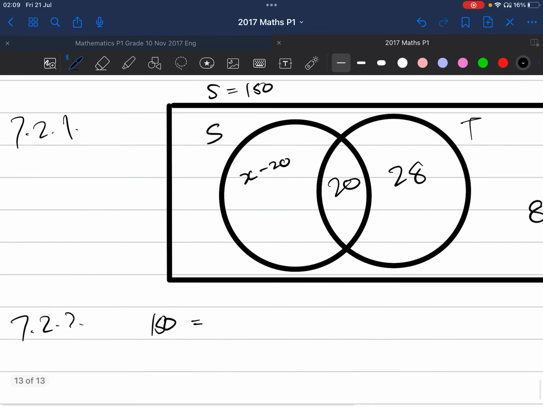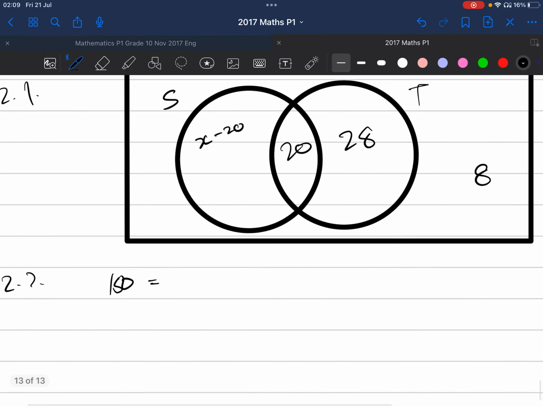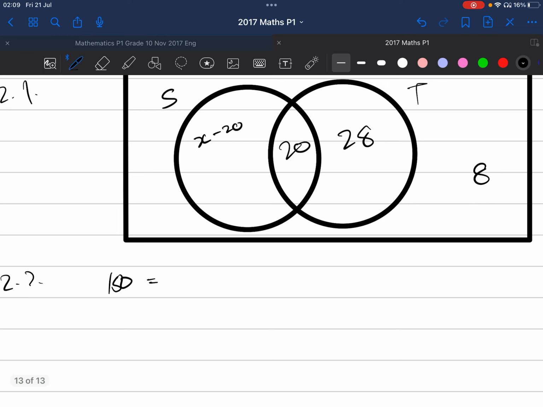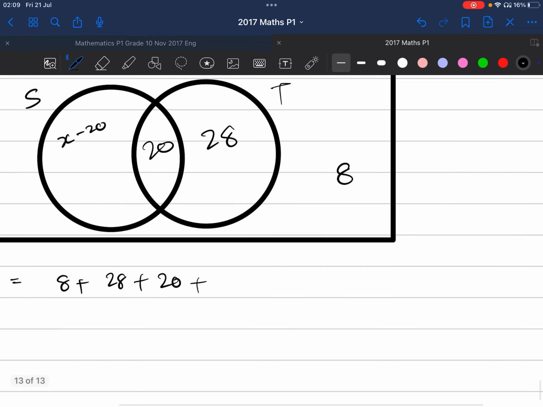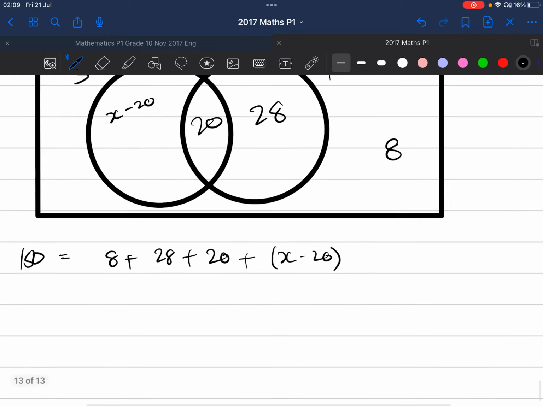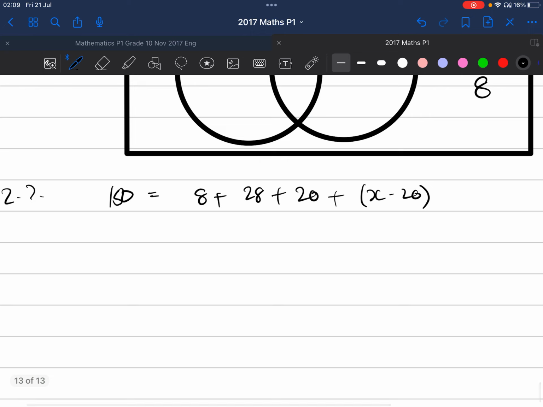So everything that we add up must come back to 150. So we first have the 8 that don't own either. Then we have this 28 that own only a tablet. Then we have 20 who own both. And then we have X minus 20 who own only a smartphone. Okay. And now you can see we have one unknown, so it's pretty simple.